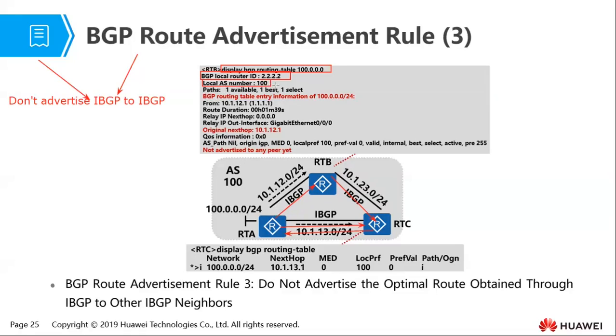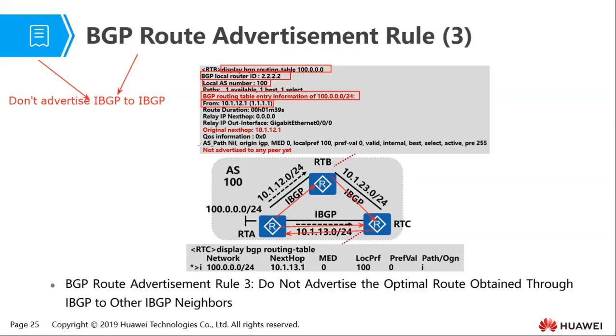We can see that paths available, one, best one, select BGP routing table entry of this particular network. So we can see that we learned this from router 1.1.1.1 on the interface 10.1.1.2. Route duration, next relay IP address, relay IP out interface. So this is simply the next hop, original next hop.